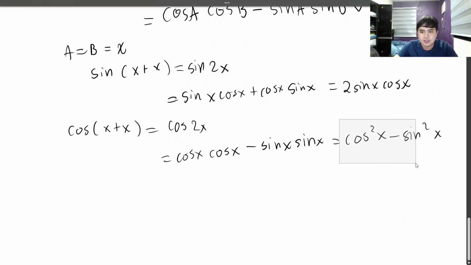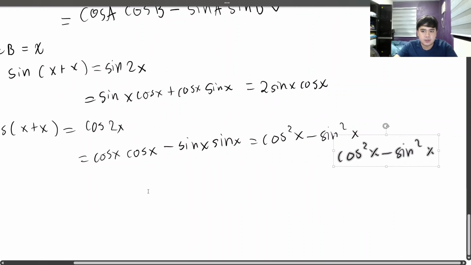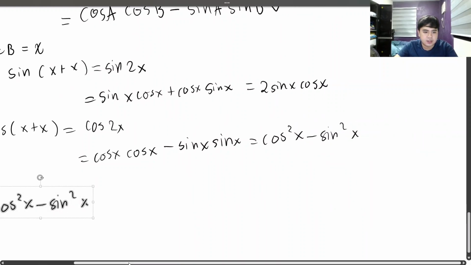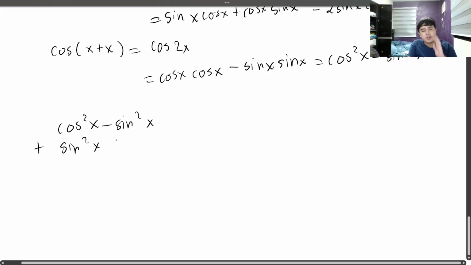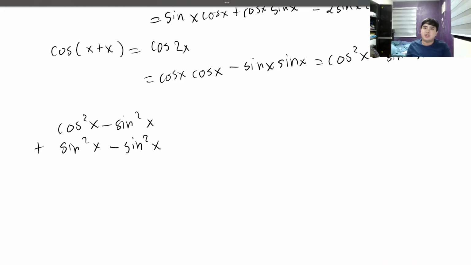Let's take this, put it right here, right? What if I added sine squared X, but I need to subtract sine squared X again. Why do I need to do this? Sine squared X minus sine squared X is 0.